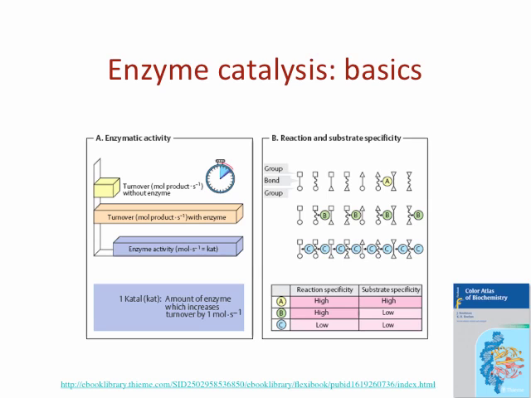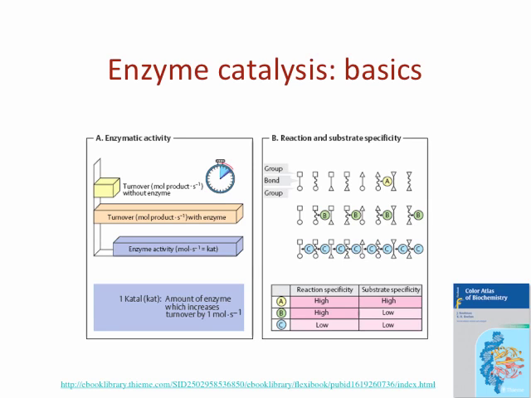If an enzyme has high reaction specificity and high substrate specificity, it'll only act on one bond in a very particular place in a particular molecule, and this is represented by the yellow circle labeled A, where you have a squiggle type bond between a circle and an upward pointing triangle.